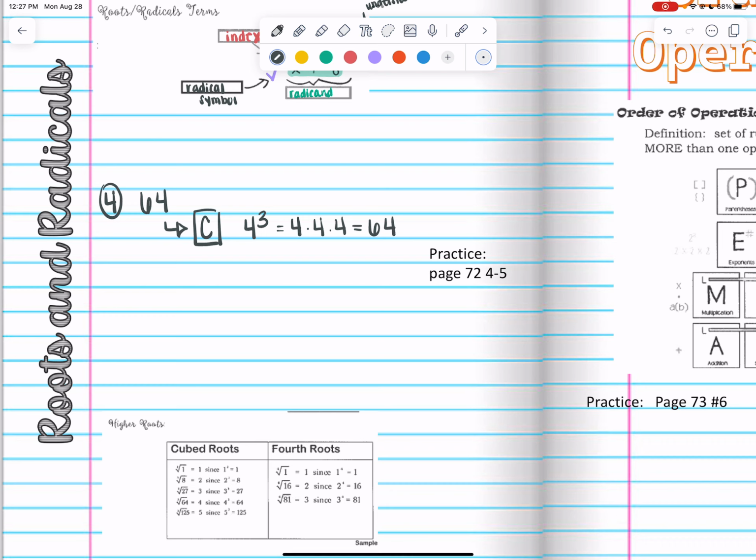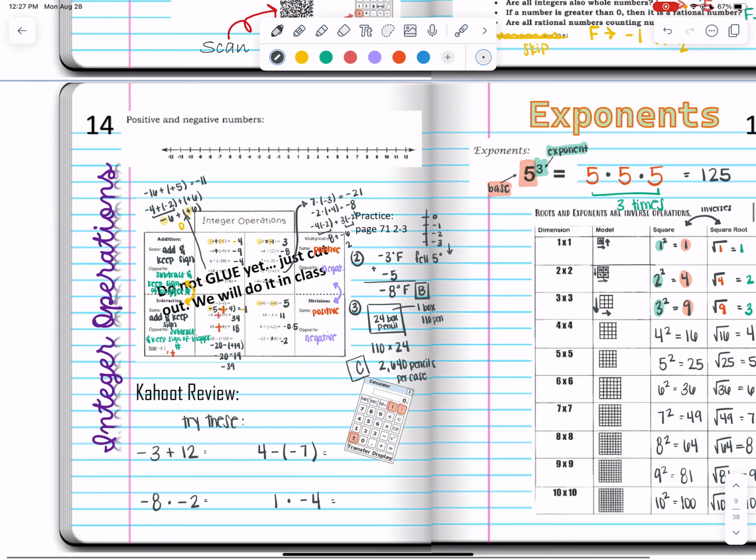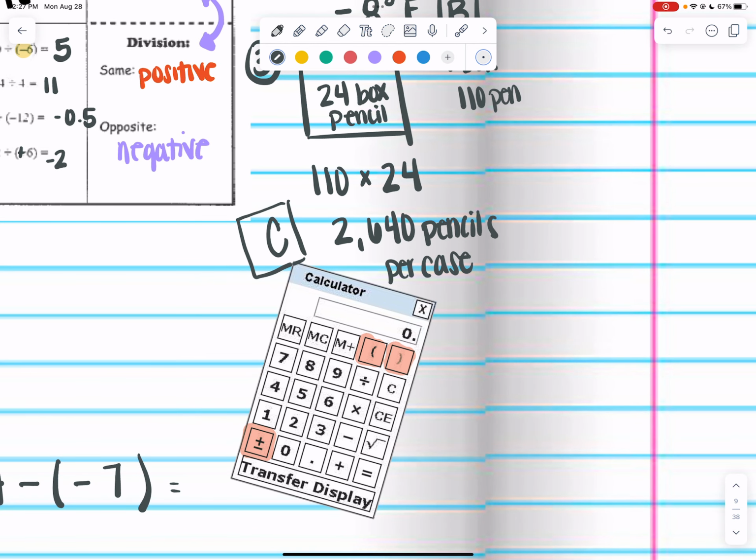All right, number 5. Number 5 says, which of the following is equivalent to the square root of 100? You have a square root button on your on-screen calculator. It's on the right-hand side. So here's our on-screen calculator. Here is the square root button.